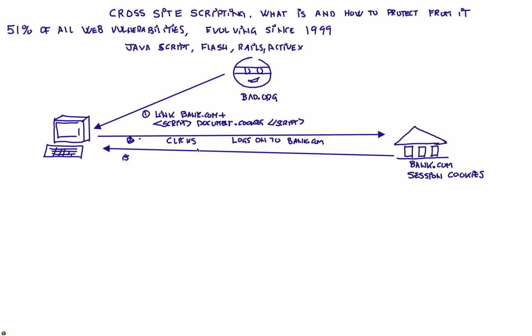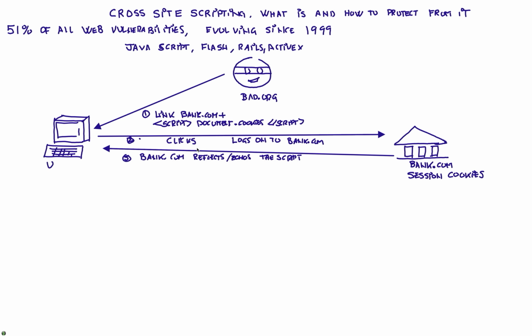So the third thing that happens is that bank.com puts the code, or sometimes it's also called echoes, that script to the user, and that's why this is very similar to a SQL injection.